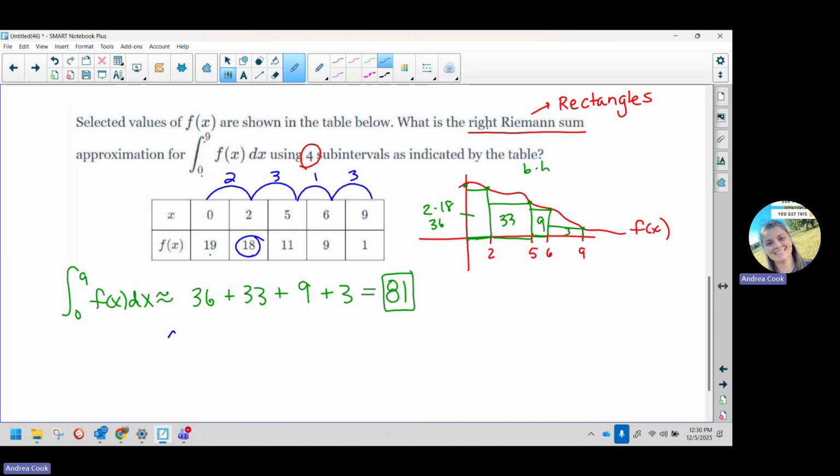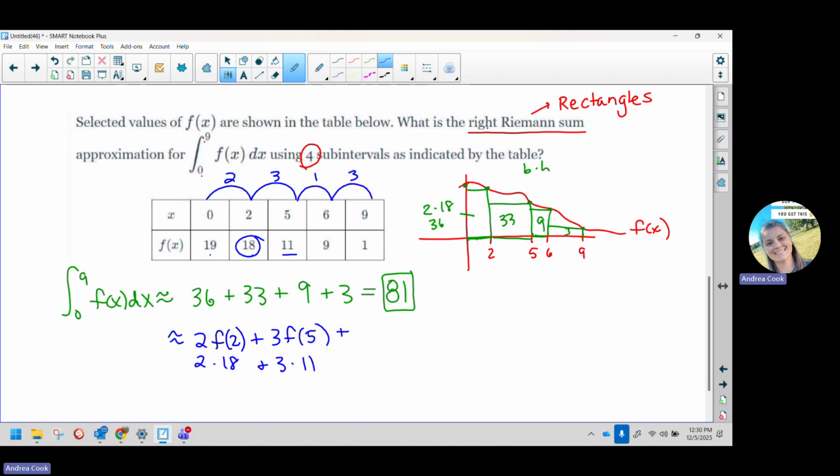So to find this, I am going to be using 2 times f of 2, which is really 2 times 18. Plus, the next one, the base is 3. The height is going to be f of 5, or 3 times 11.